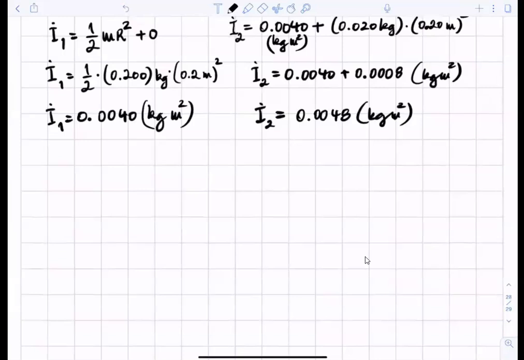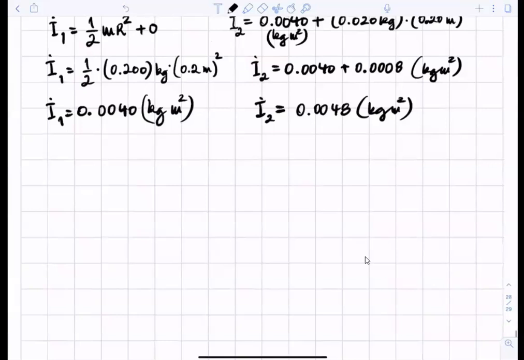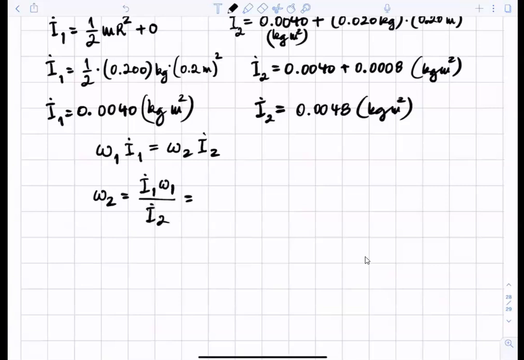So now we have conservation of the angular momentum: omega 1 I1 must be equal to omega 2 I2. So omega 2, because that's what we are hunting for, is equal to I1 omega 1 over I2.